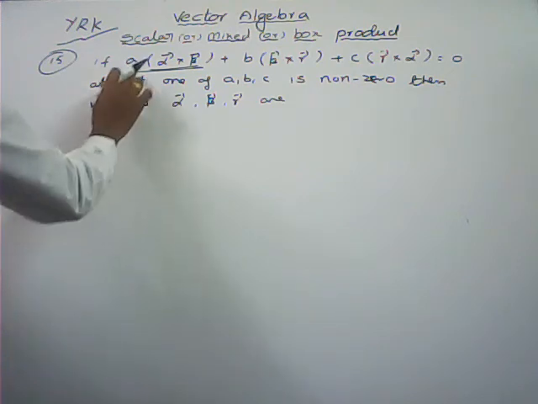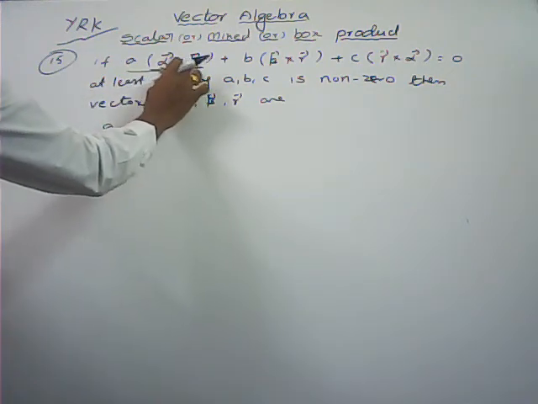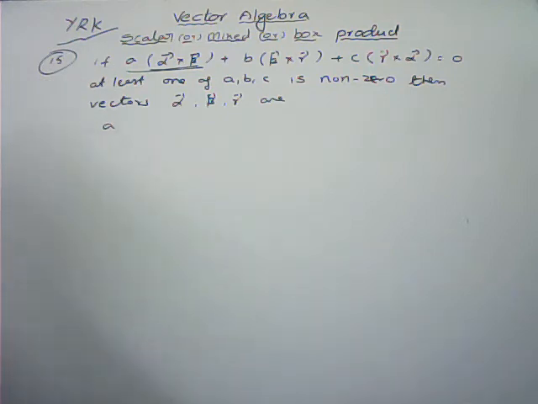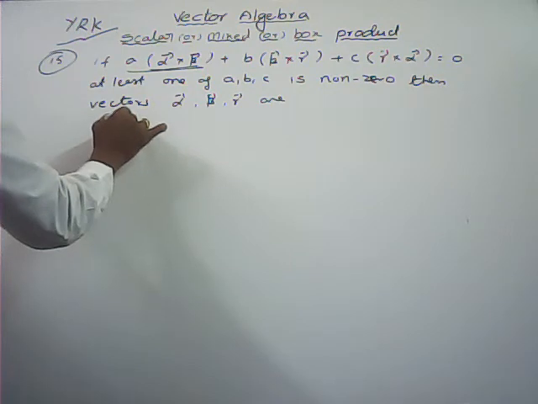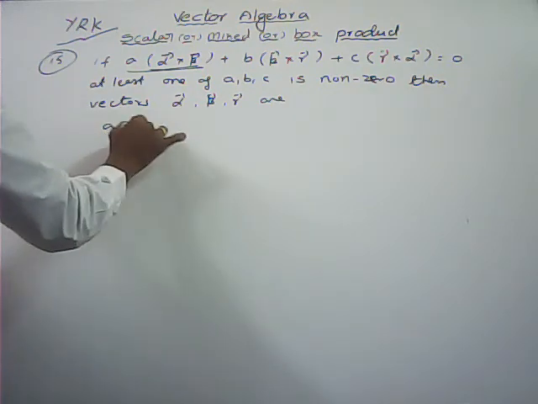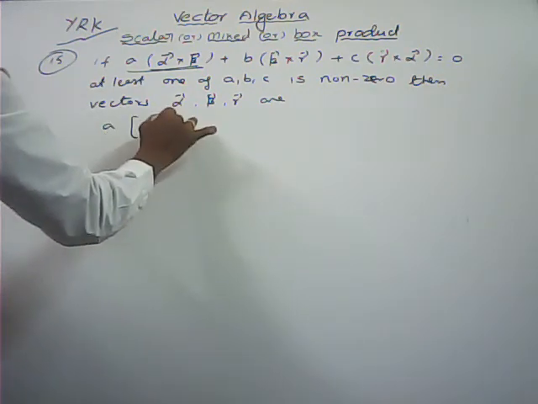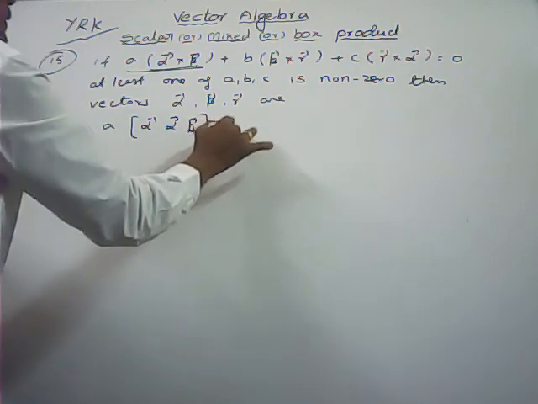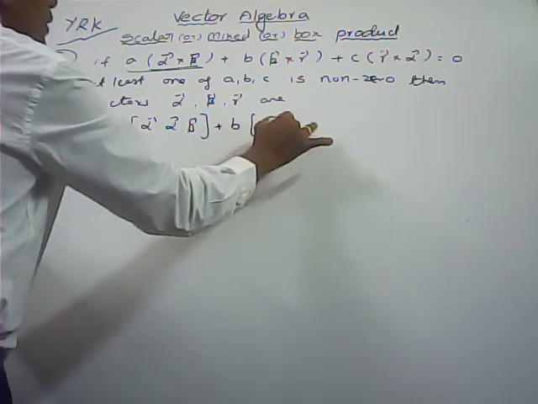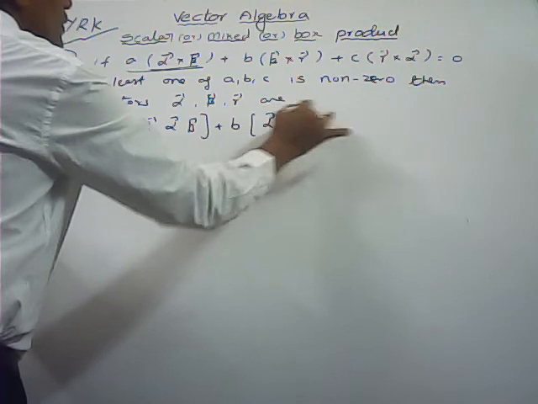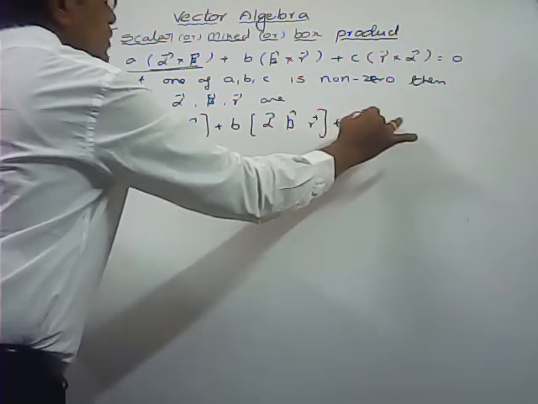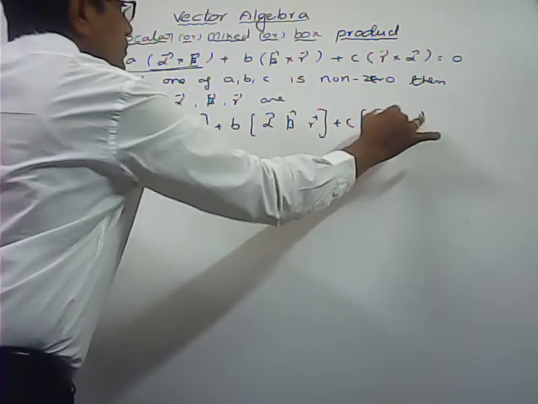If I take the dot product with alpha bar, A into alpha bar cross beta bar, that is box alpha beta only, plus B into box alpha beta gamma plus C into box alpha gamma alpha.